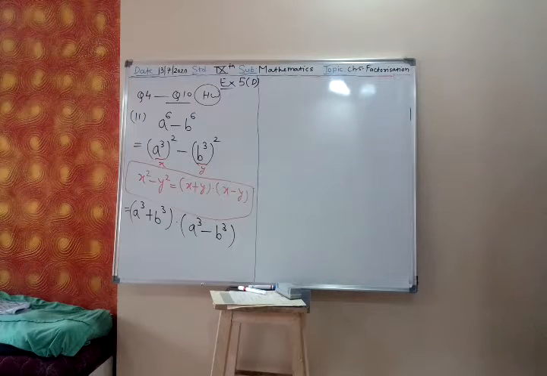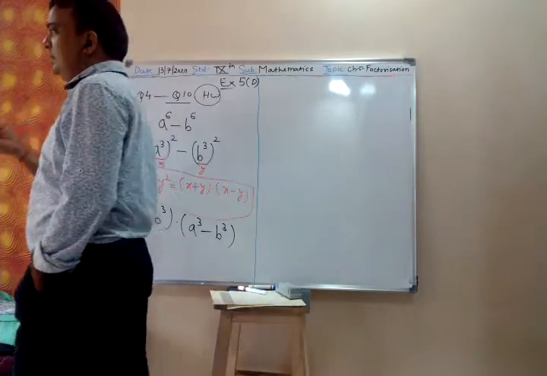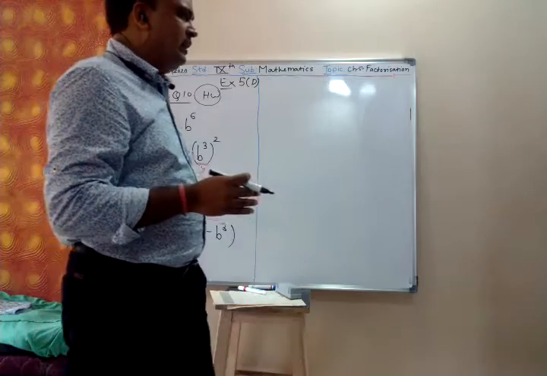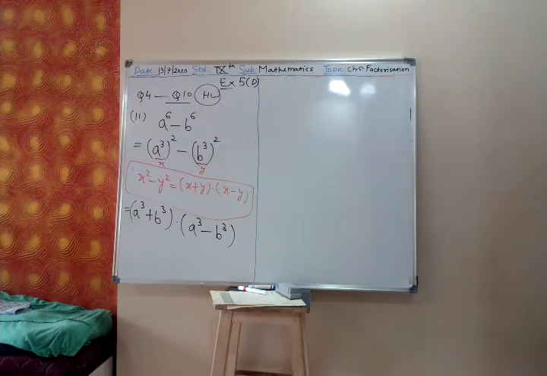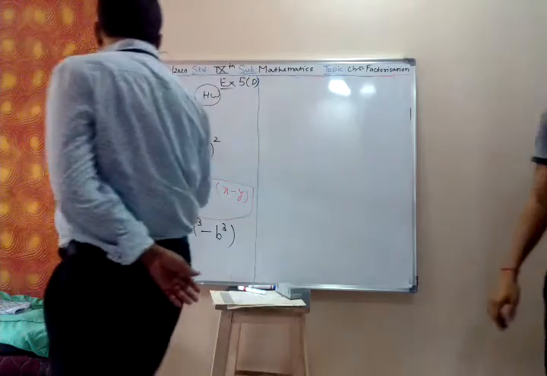Yes, you can take A square whole cube, then you have to take the formula A cube minus B cube, no problem. Now I am taking A raised to 3 raised to 2.